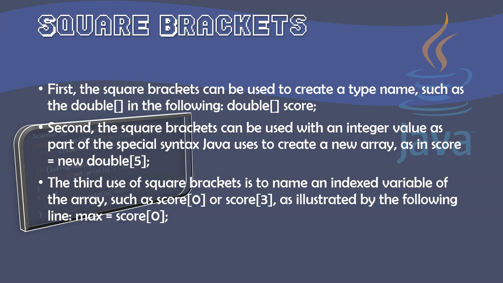The third use of square brackets, of course, is to name an indexed variable of the array, such as score[0], score[3], and as in the following: max = score[0]. So these are the three ways we see square brackets in our code. And again, it's something a little different than we're used to, because up to this point we've been using more parentheses and things like quotation marks. When we see brackets, these are things we're typically going to refer to when we're working with arrays.